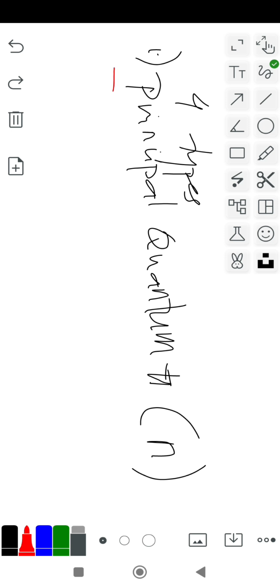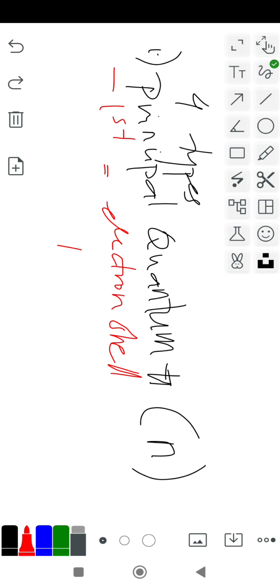So this principal quantum number is the first quantum number, and it is described by its electron shell. When we say electron shell, if you remember in the electronic configuration, those are the 1, 2, 3, 4, 5, 6, and 7.